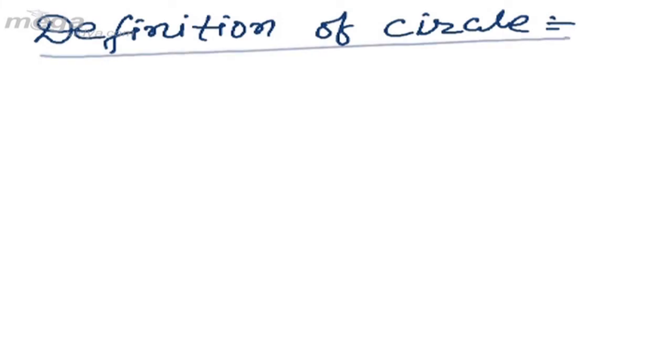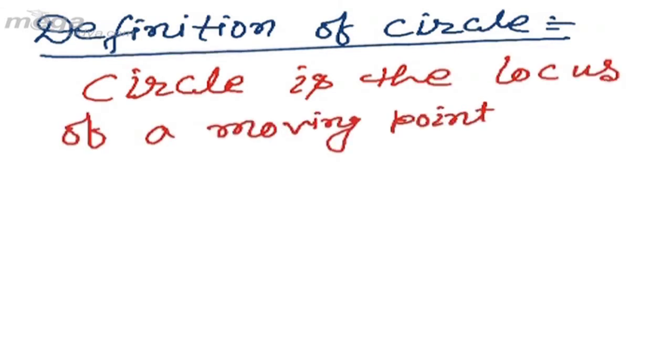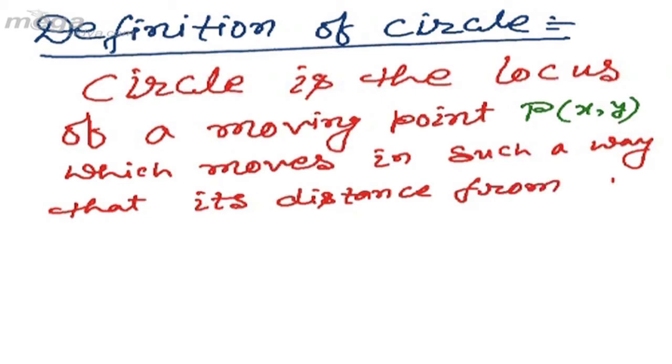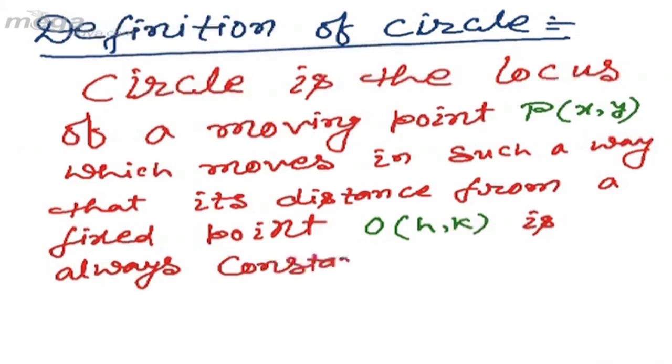What is a circle? So you can define it like this: a circle is the locus of a moving point, suppose P(x, y), which moves in such a way that its distance from a fixed point, suppose it is O(h, k), is always constant, and that constant I'm taking here as r.